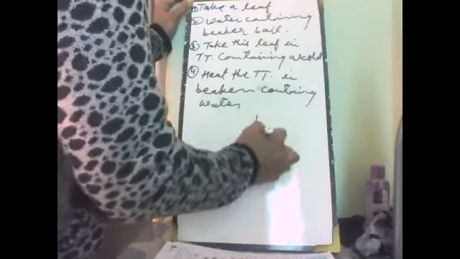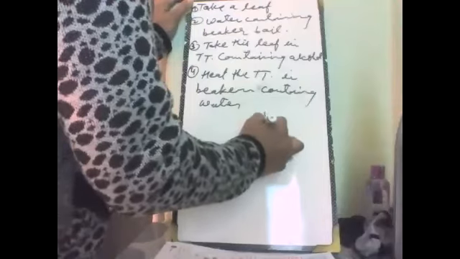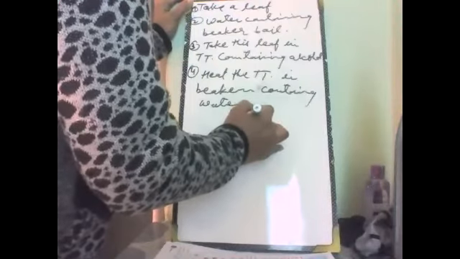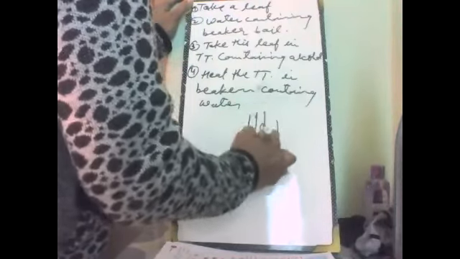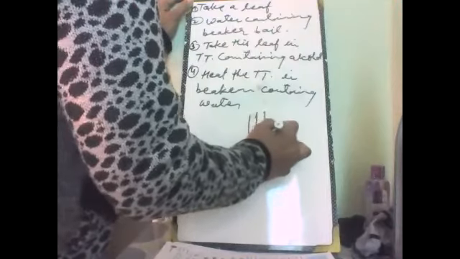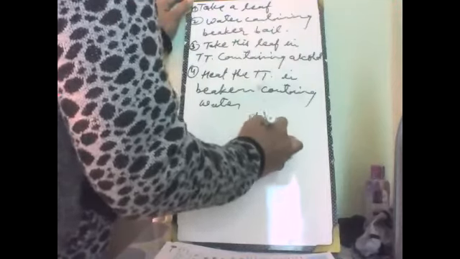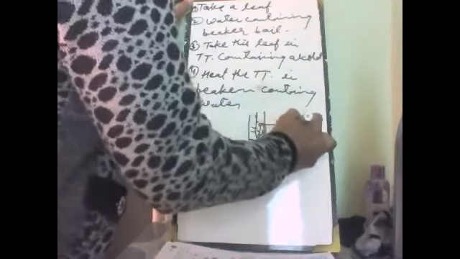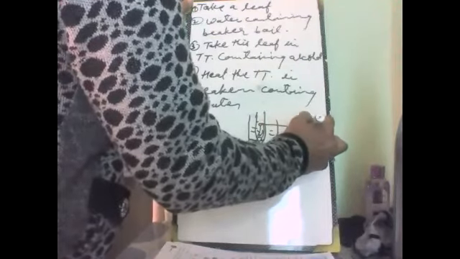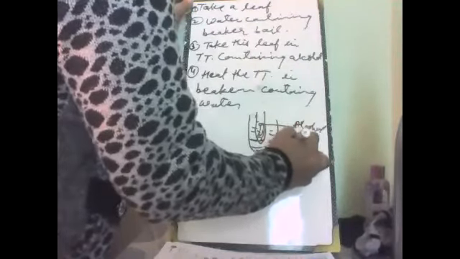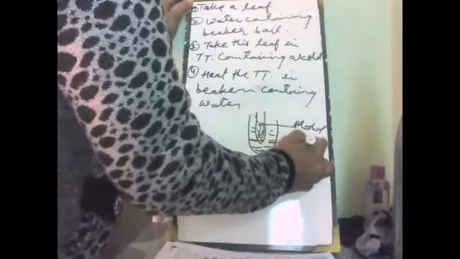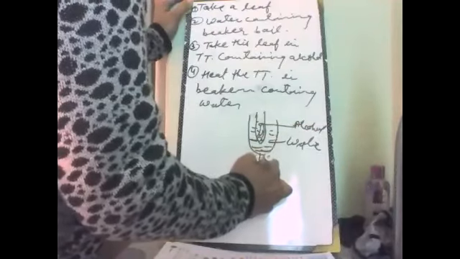It's a test tube. There is a leaf inside the test tube. Here is a beaker having water. In this test tube there is alcohol. Here is a spirit flame.